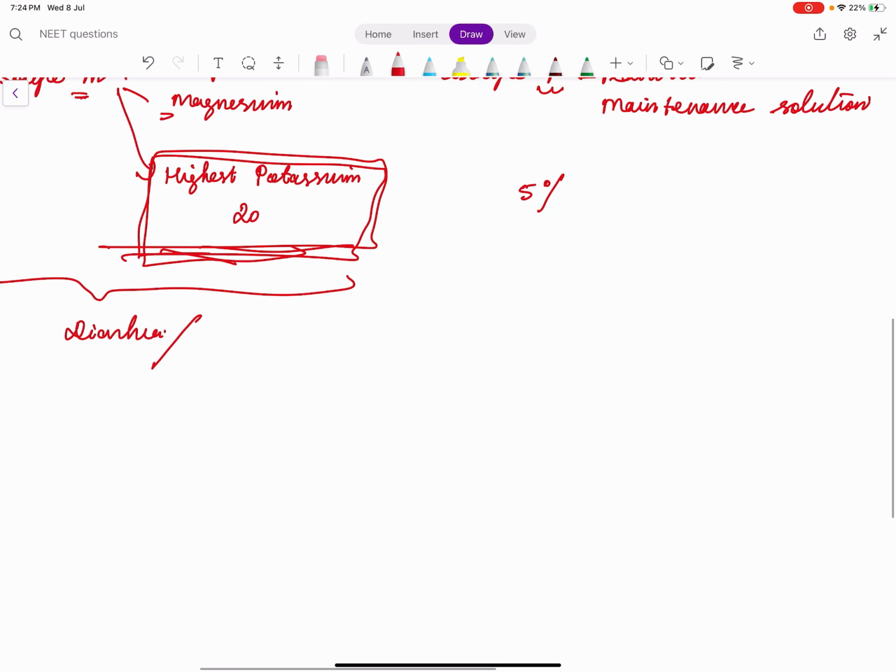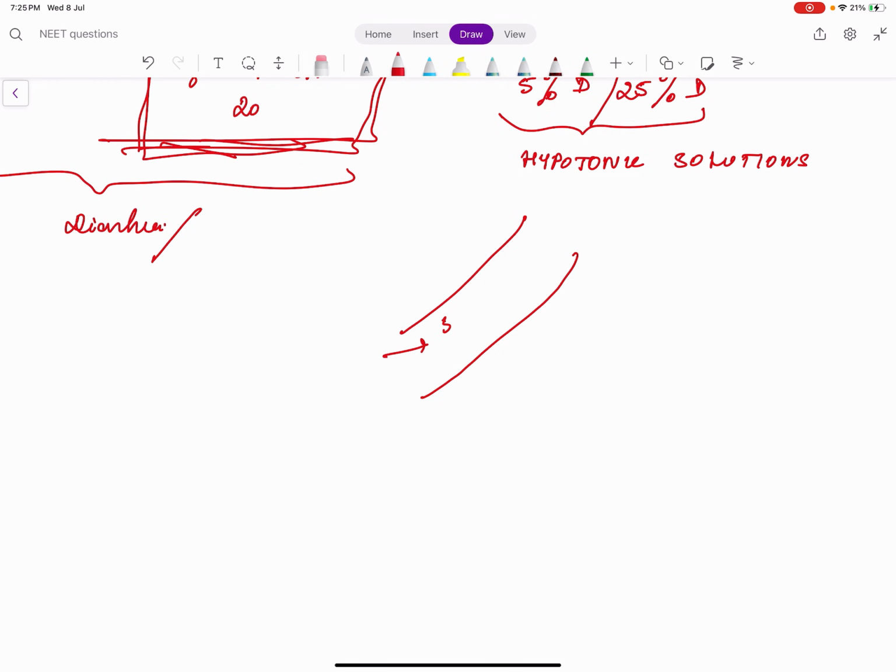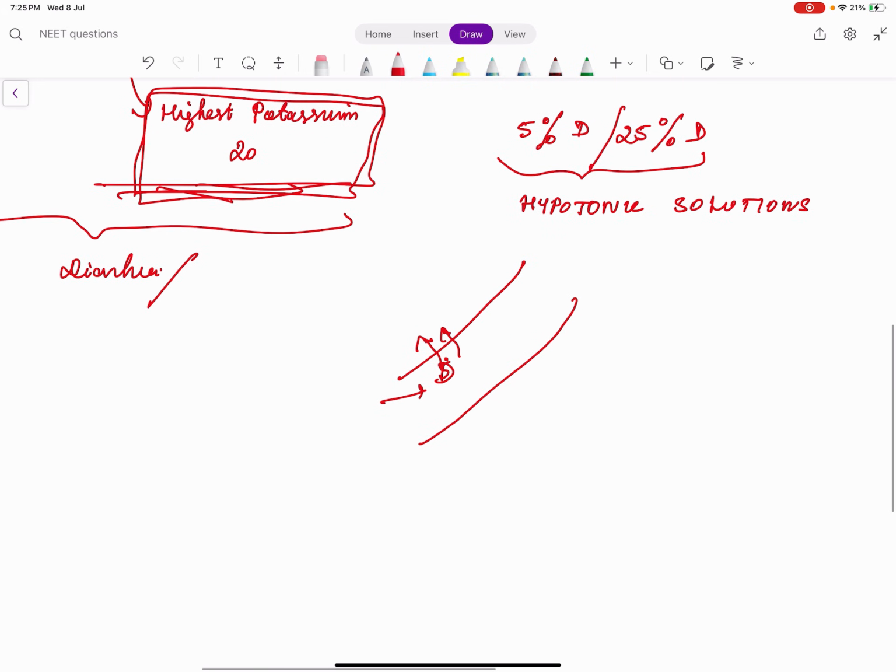Coming to dextrose containing solutions, we have 5% dextrose and 25% dextrose. These are called hypotonic solutions. Because when we give a dextrose containing fluid in the blood or plasma, the entire dextrose rapidly enters the surrounding cells. The glucose is entirely utilized by the surrounding cells.